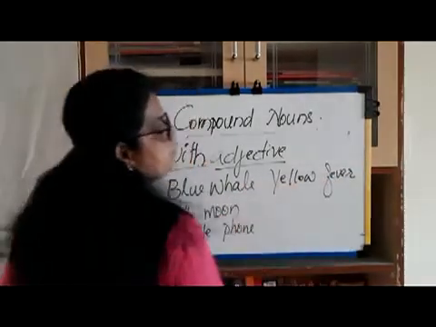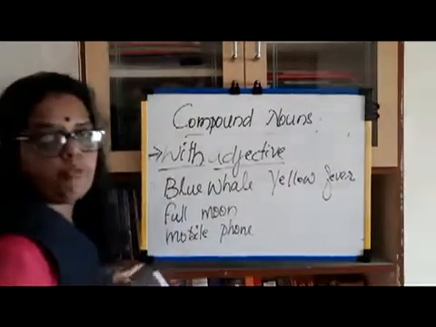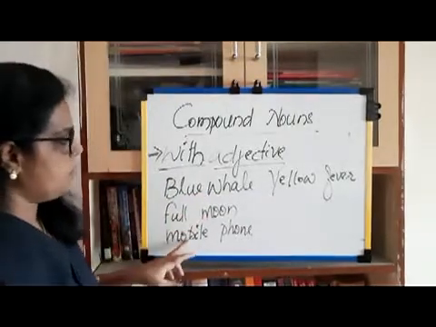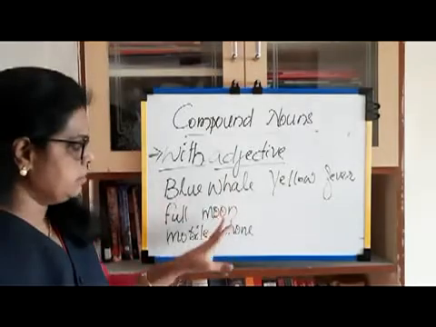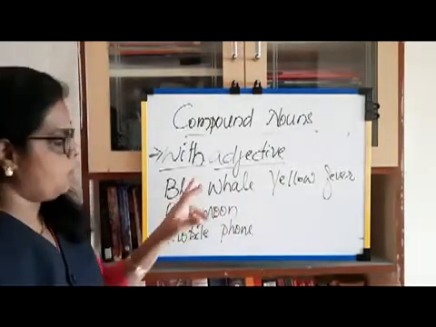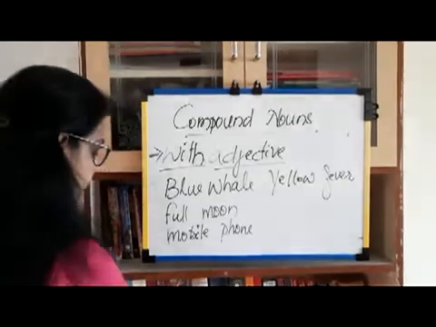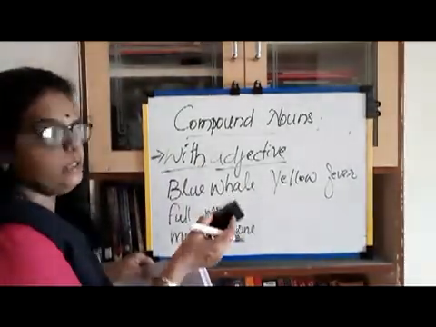Fever is the name of a disease, so we get the compound noun yellow fever. Okay, see, with adjectives blue, full, mobile, yellow, we add some nouns and we get compound nouns. Clear?